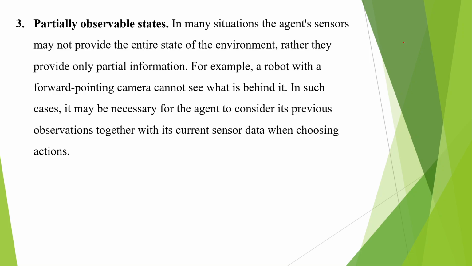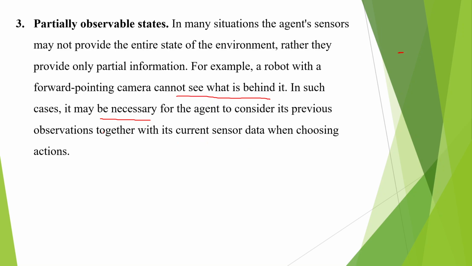For example, a robot with a forward pointing camera cannot see what is behind it. In such cases, it may be necessary for the agent to consider its previous observations together with its current sensor data when choosing the actions.